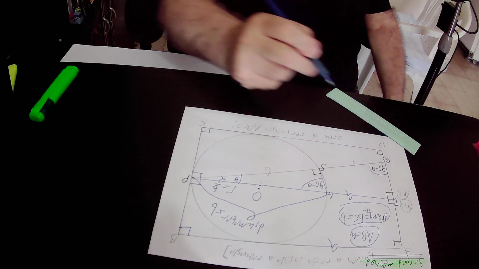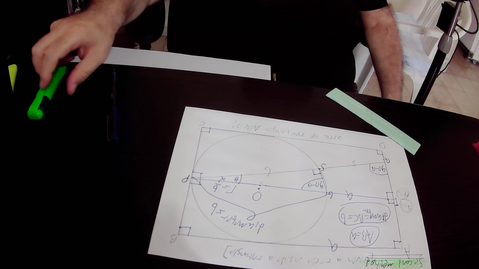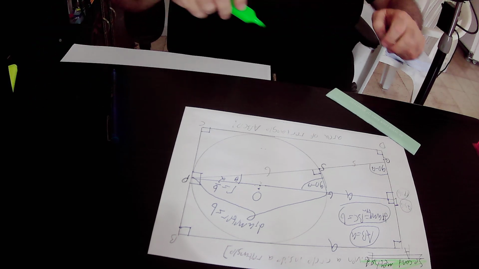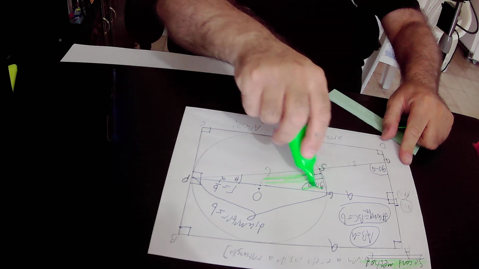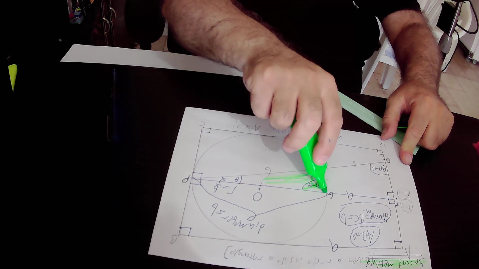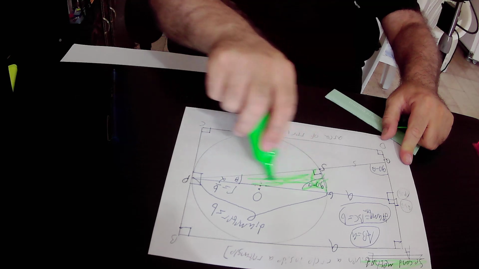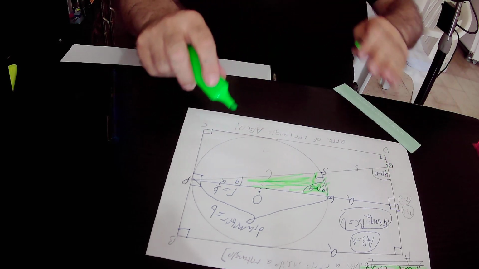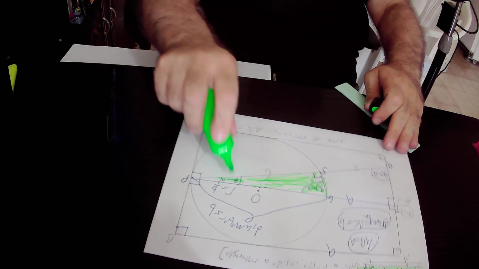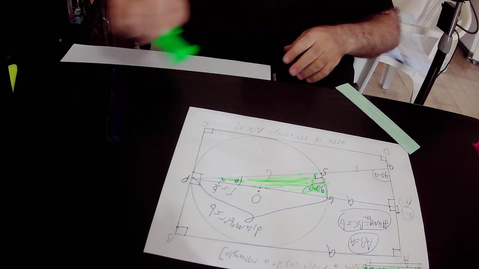Okay, so in the next step, we'll prove that the green small right triangle, triangle GSP, is similar to the big right triangle, triangle QTP. Why are those two right triangles similar to each other?